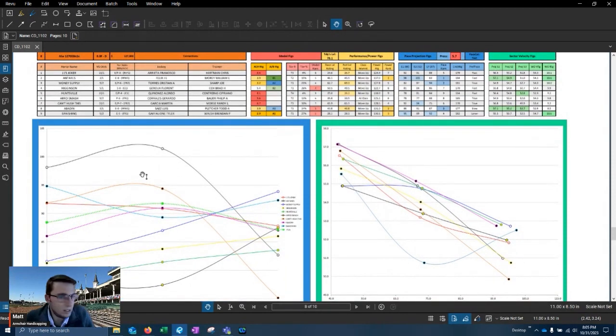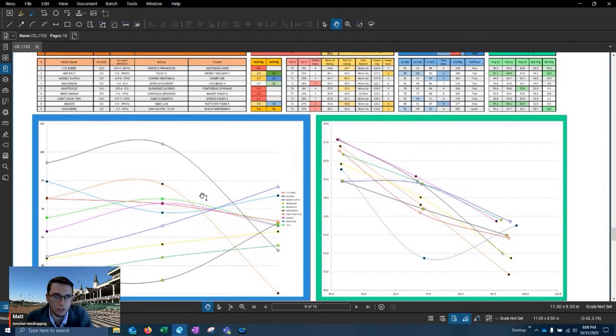The 9 is well above pace pars in the first call, dips below in second call, and back up in third call. So this horse, I really don't see it on the lead, especially being in the 9th post.